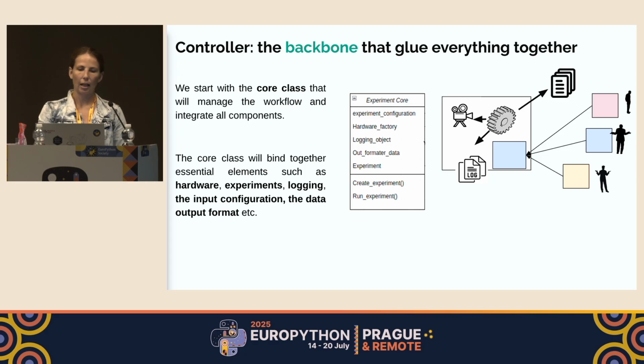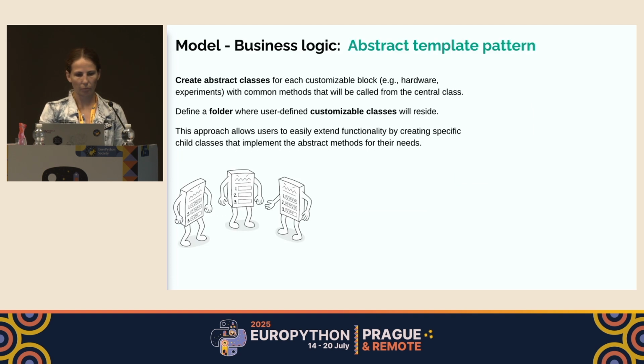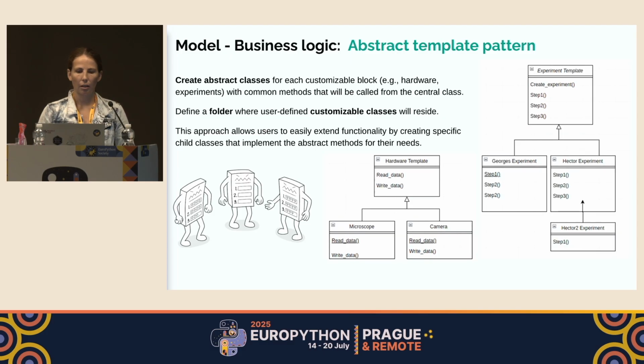Now the interesting thing is how we can architect the model to have this kind of customization. First, we will think about the abstract template pattern. You take the different customization parts you want, hardware on one side, experiment algorithm on the other, and you write a parent class that describes how you would like your experiment to go. So you have a create experiment function, which is common for everyone, and that will create the experiment logic.